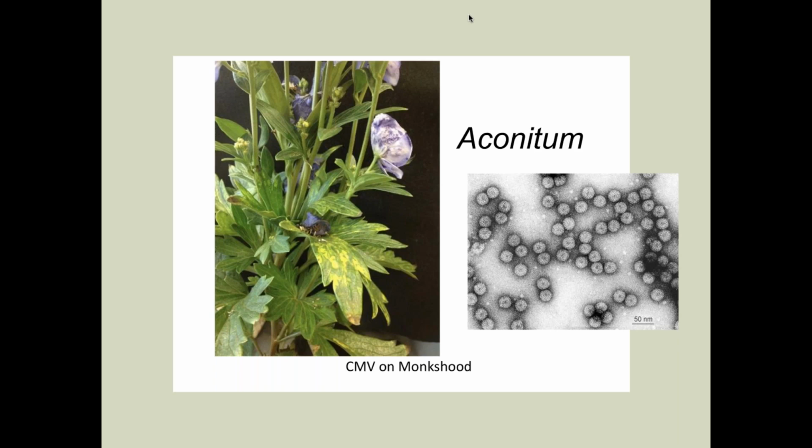But on monkshood, it causes this sort of beautiful yellow ring spot and kind of zigzag pattern on the leaves, and a flower break, a break in the color of the flowers. So you'll actually get ring spots and mottling on the flowers as well. And that shot there is just a scanning electron micrograph showing the virus particles in this case are more spherical.